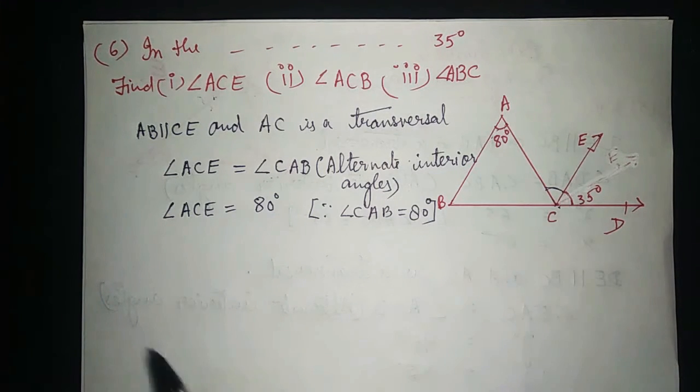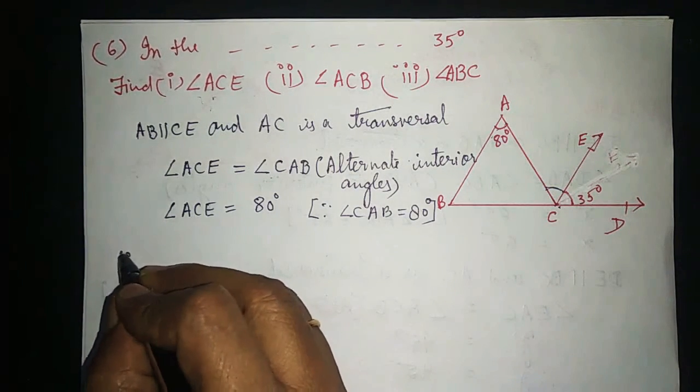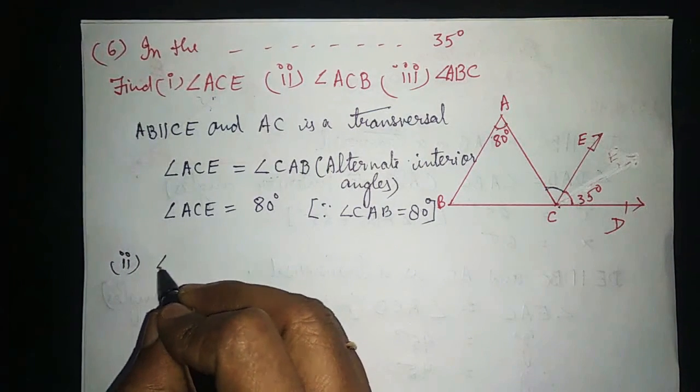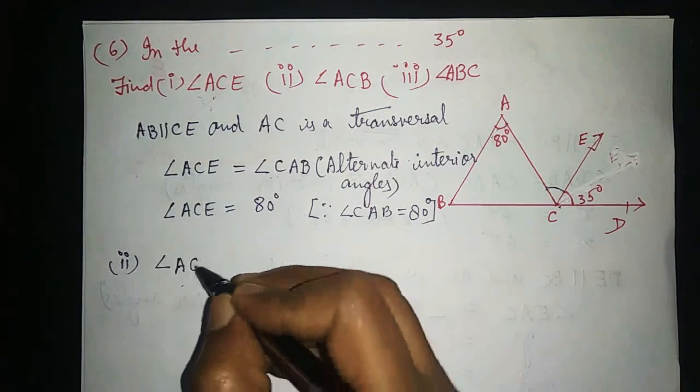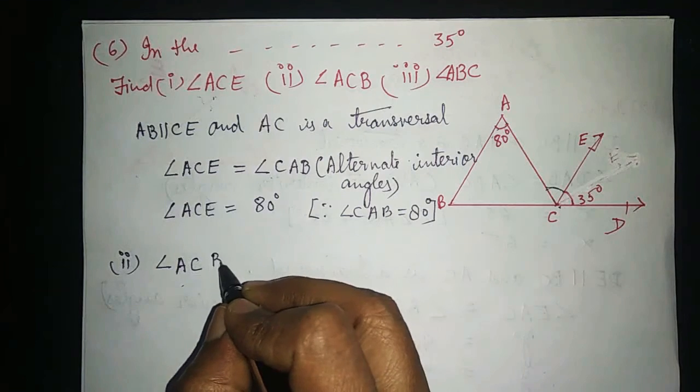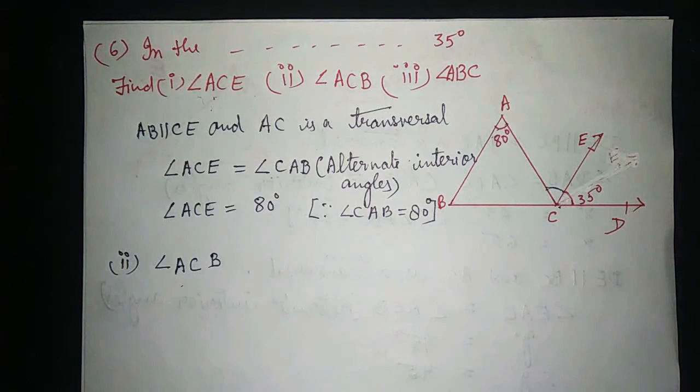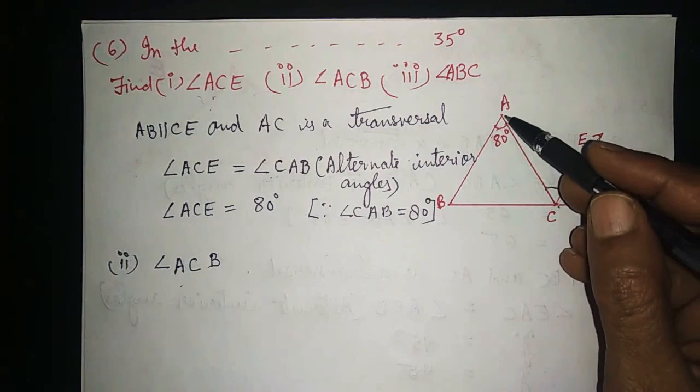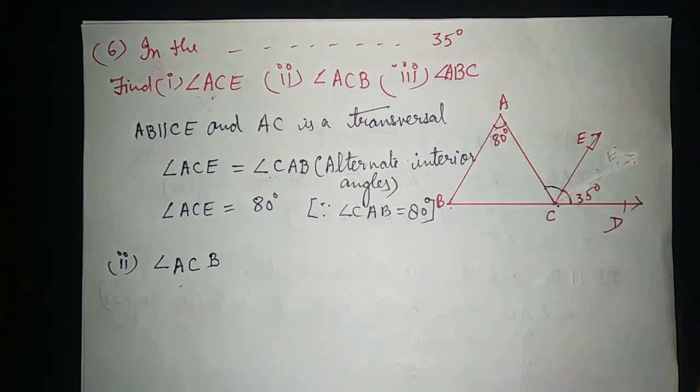Okay, now see the second part. In the second part we have to find what is the measure of angle ACB, means measure of this angle ACB.